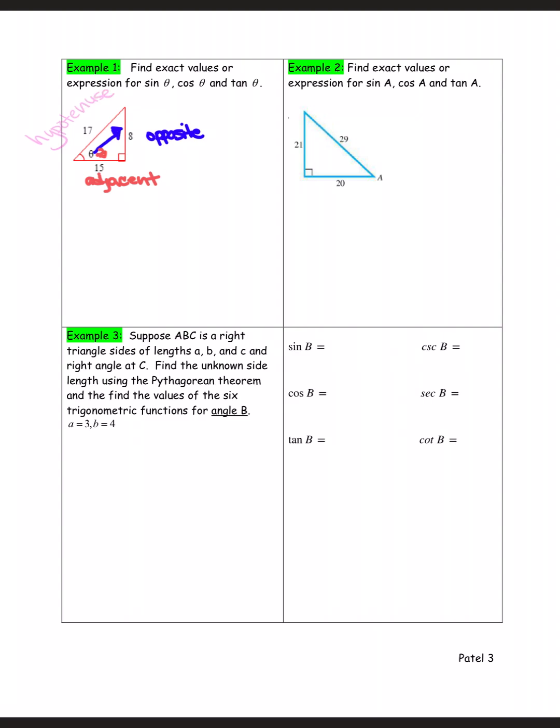Remember we're doing SOHCAHTOA. So sine of theta is opposite, which is the length of 8, over hypotenuse, which is 17.